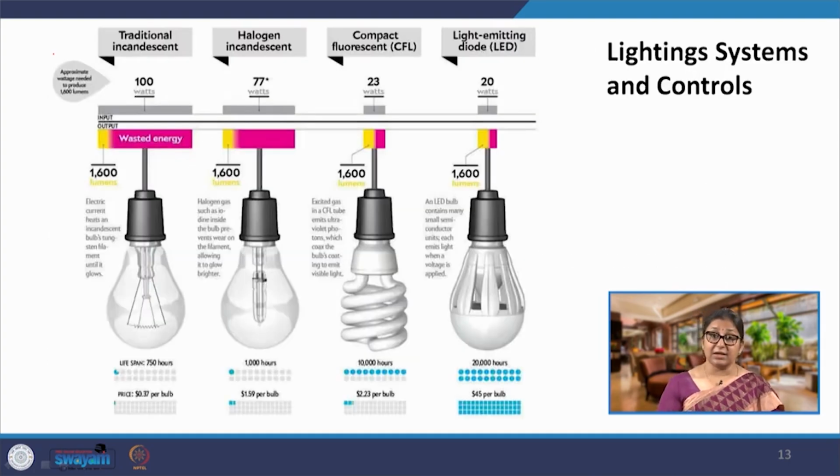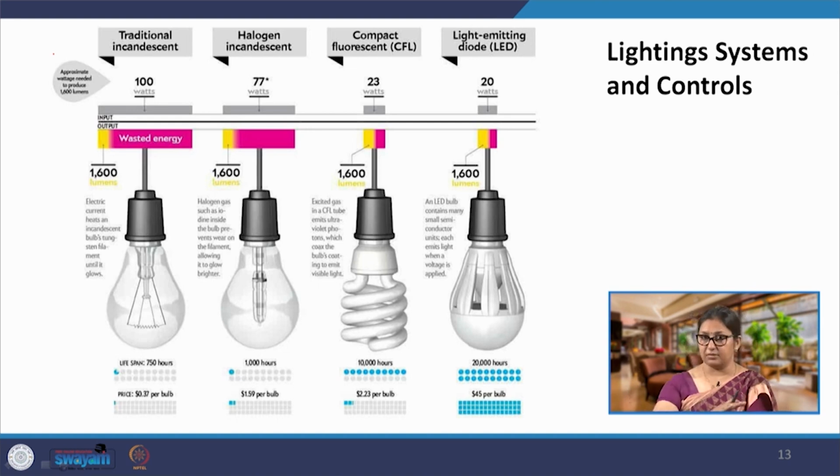If you look at the lighting fixture industry, I am talking about the building industry at large, and within that, the lighting industry has advanced at a pace like no other industry within this building industry. From incandescent bulbs to LED, they have moved very fast.